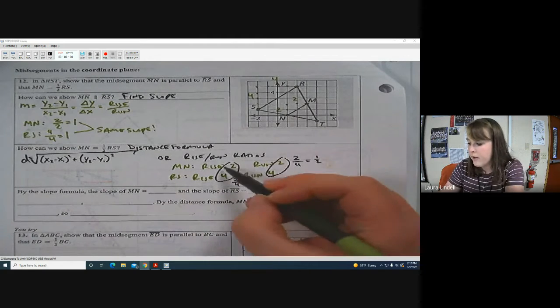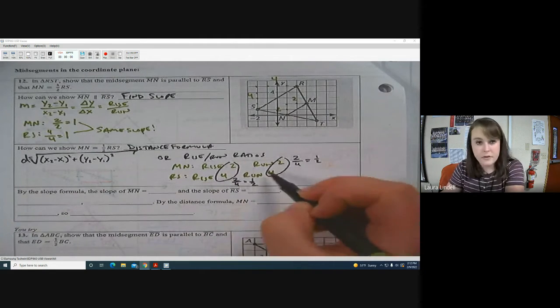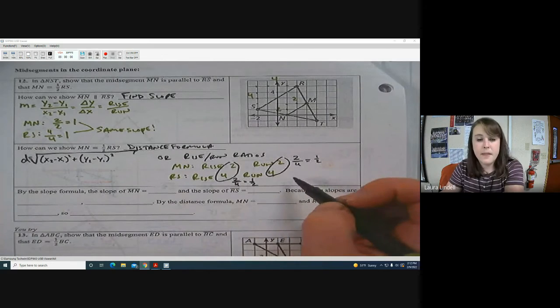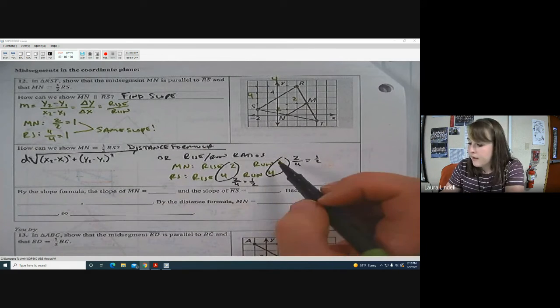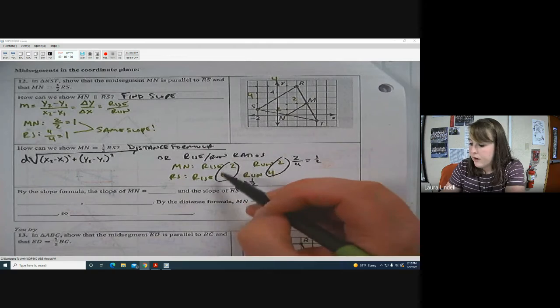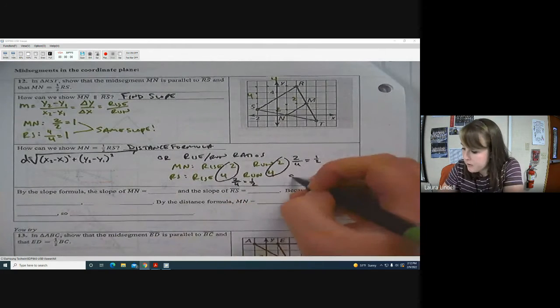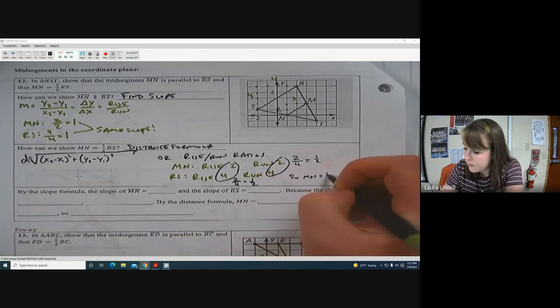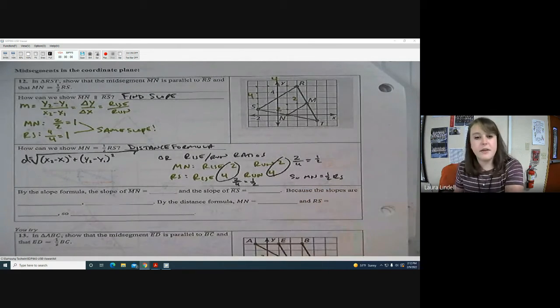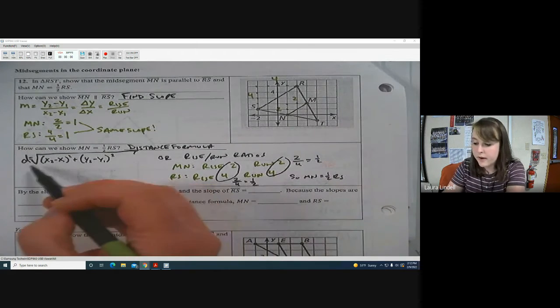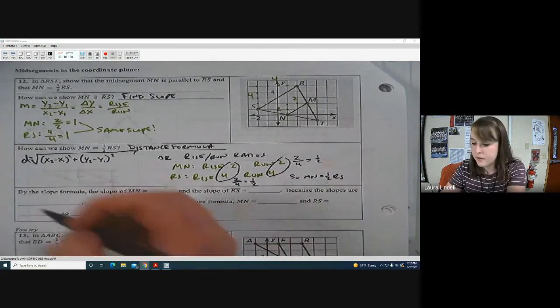If you get 1/2 for the rise ratio and the run ratio, both of them, that would indicate that MN is half the length of RS here. So that's another way that you can show it without actually having to find the length. But you could also find the length of both using the distance formula.